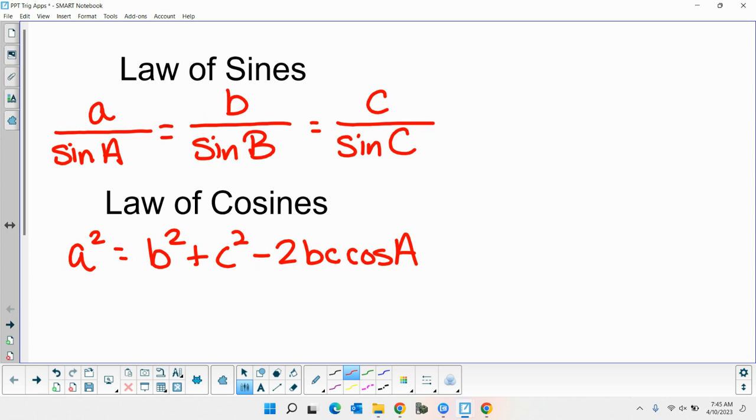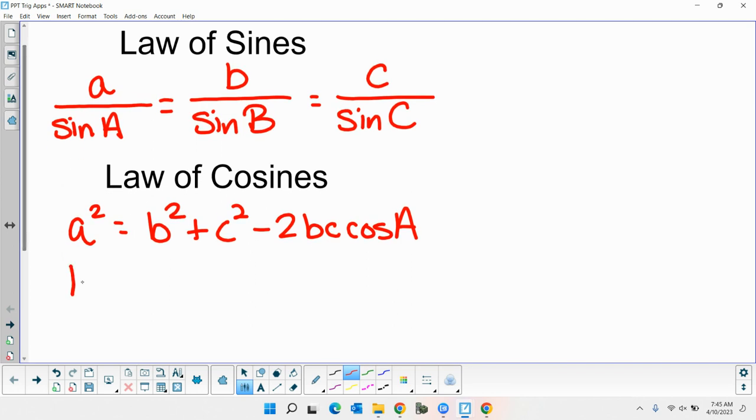Remember? And then you just interchange the A's and the B's and the C's, but this one would have been B squared, and then put the A where the B was. C can stay where it was.